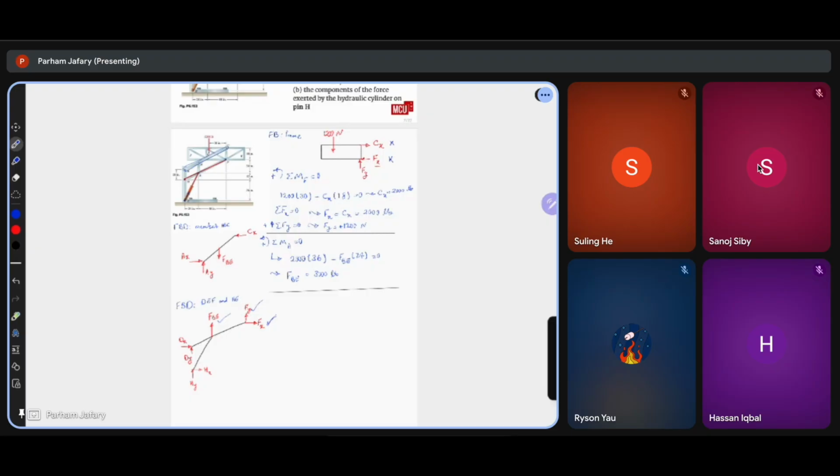Okay? Now, I have four unknowns: Hx, Hy, Dx, and Dy. If I take the moment around H, I can find Dx and Dy. If I take a moment around D, I can find Hx. So the question is asking me to find the force at pin H. So there is no point of calculating components of D, right?